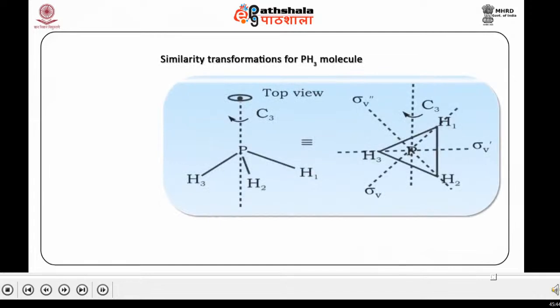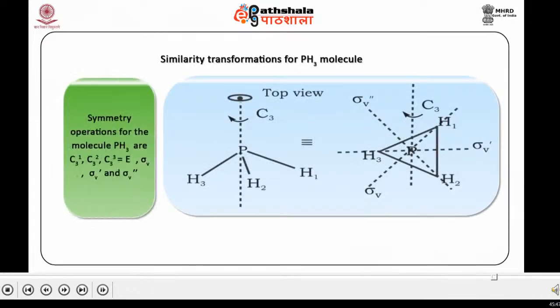These are the similarity transformations in the PH3 molecule, as E is the reciprocal of E and the reciprocal of C31 is C32.